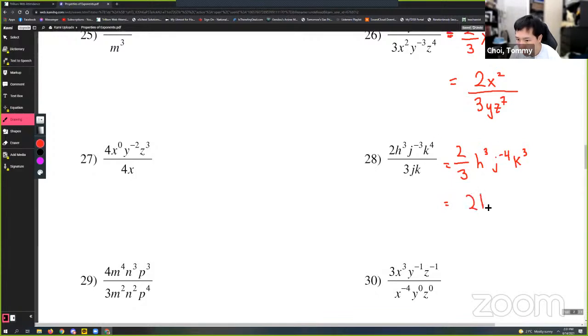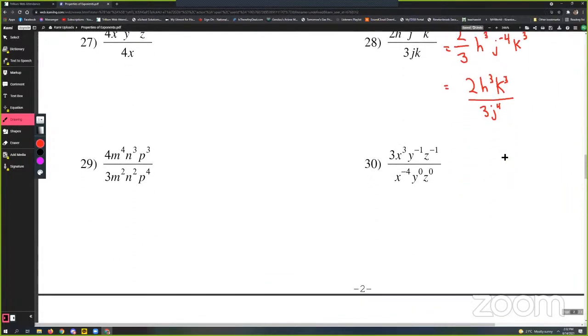Positives go on top, so we're going to get 2h cubed k cubed divided by 3j to the 4. Because j was negative 4, so it goes to the bottom. And that's the idea. You don't use those negatives until you finish simplifying everything, and then get rid of the negatives. Don't get rid of the negatives at the beginning. Get rid of it at the very end. Okay? Any other questions?